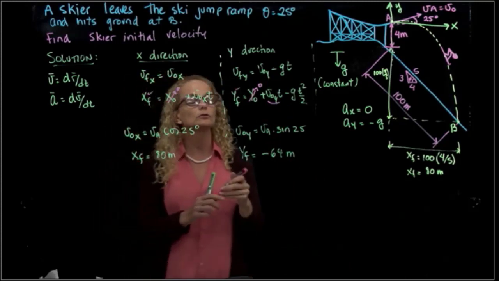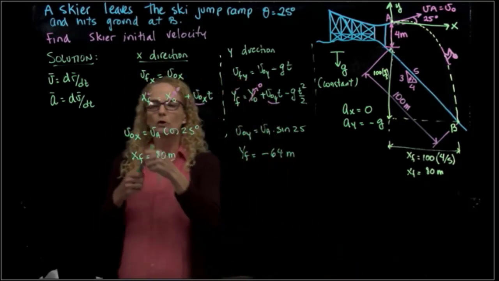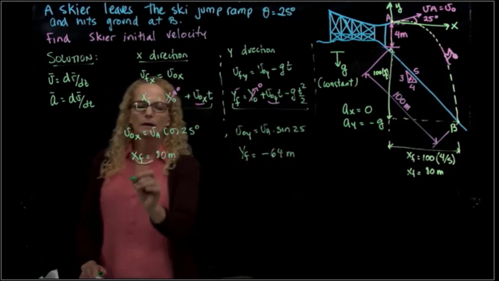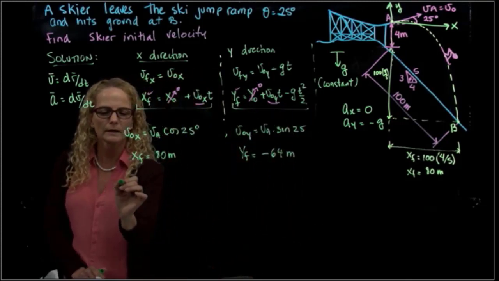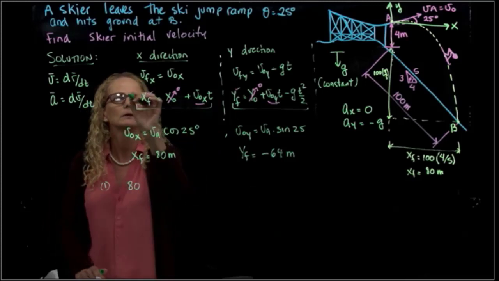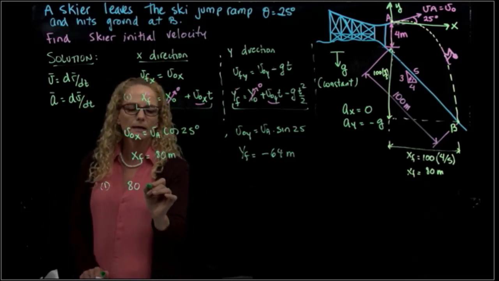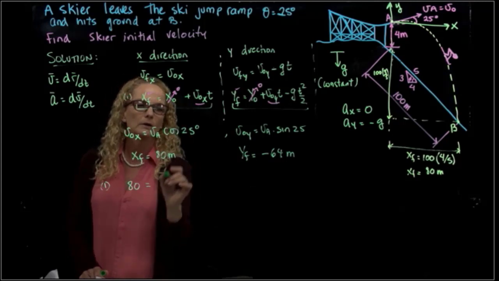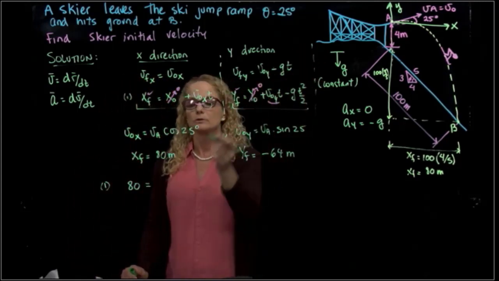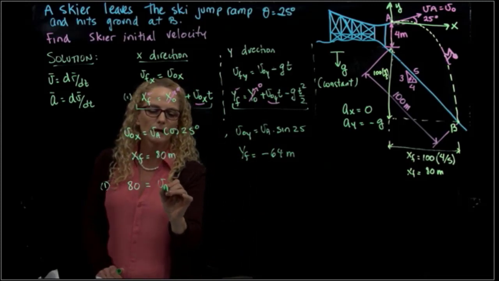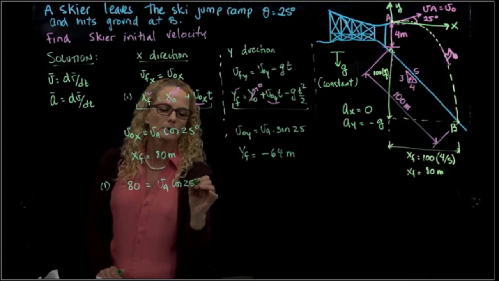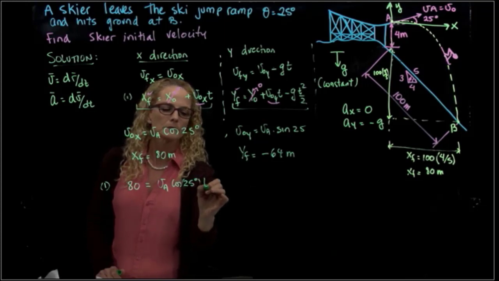Okay, so we actually have that one too. So let's substitute. We have two equations, this one right here and this one right here. I will plug those values right here, and I have 80. This is my first equation. It is 80 equals 0 plus velocity at A, that's unknown, VA cosine of 25 times t.